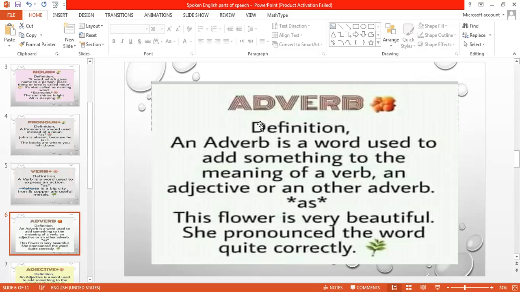So usually we have ly at the end of an adverb, and it adds meaning to the verb action. She climbed up the tree. How does she climb? Swiftly. She climbed up the tree swiftly. So the word that adds meaning to the verb is an adverb.